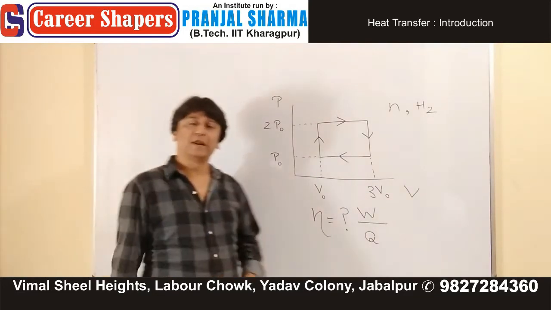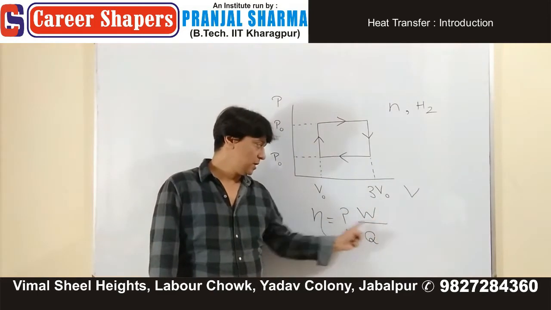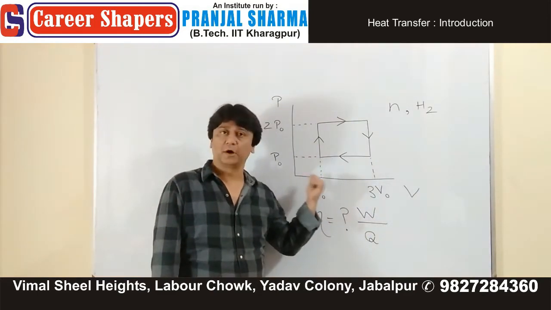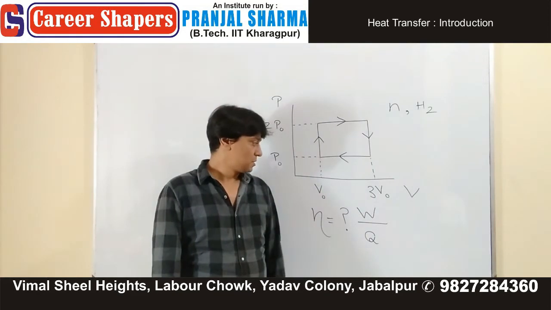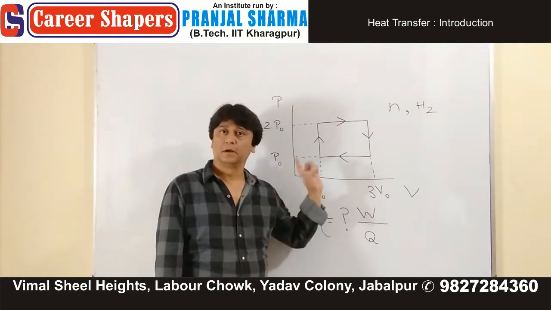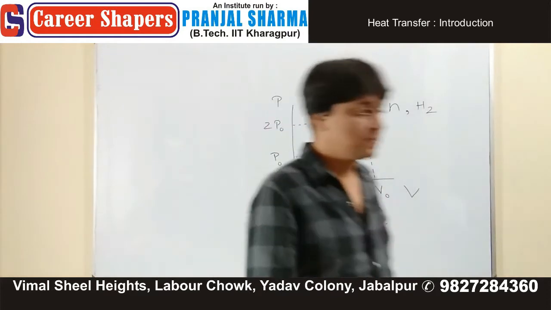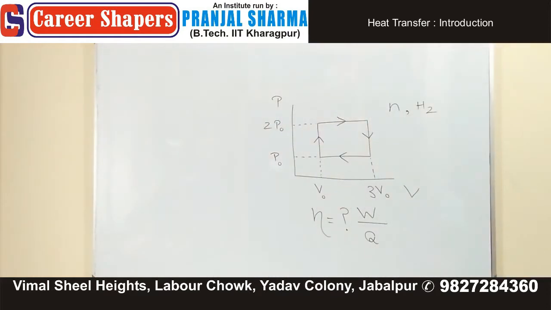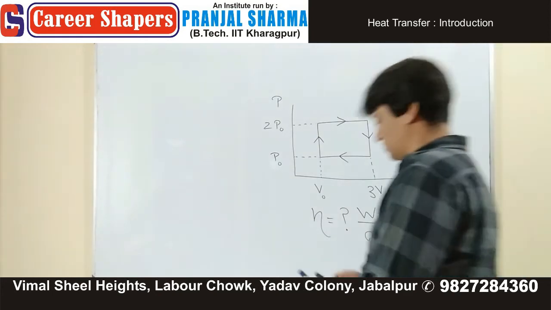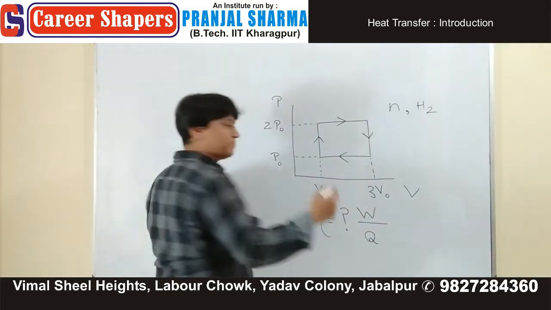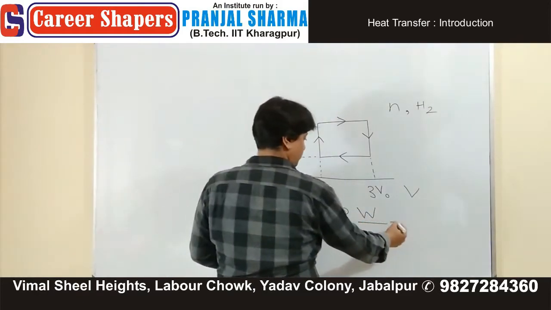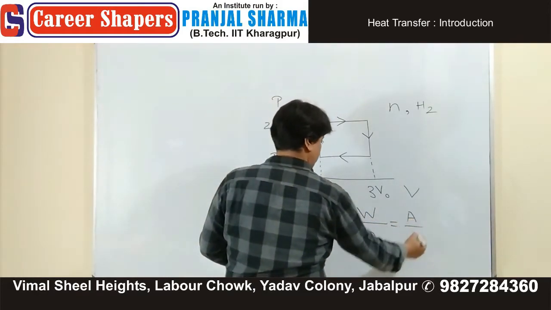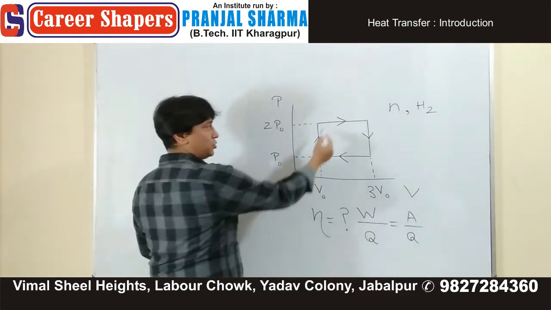Now, how many of you can answer W for this particular process? What is work done by the system for this cyclic process? Good. Work is what? Area. You need to find the area.